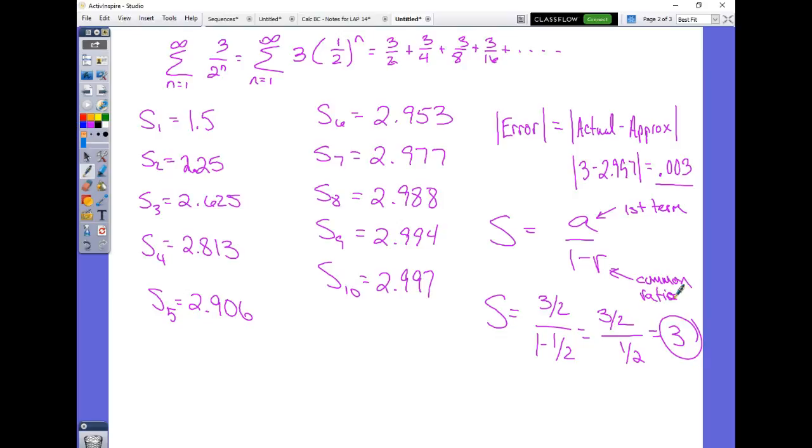Congratulations, you've just added an infinite number of terms together. What you've just done right there is dealt with a geometric series. By the way, circle that equation. That is the only time I will ever ask you what is the actual value of a series. All right?